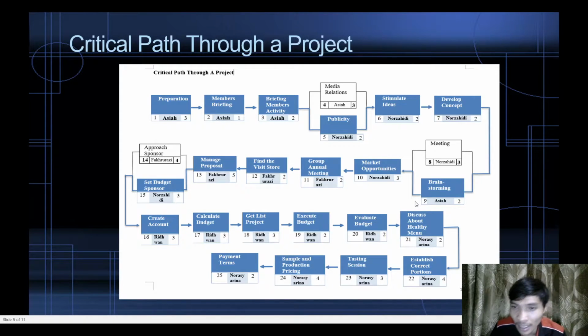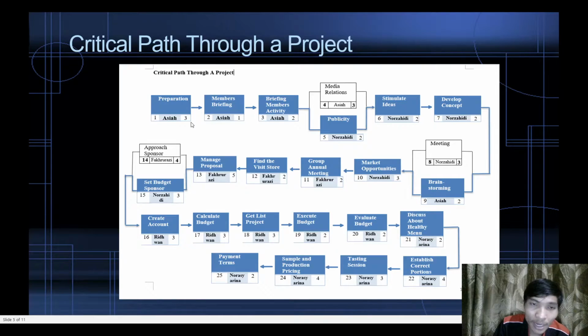Same for Asia on activity 9, it takes 2 days to complete and it will be chosen on the critical path through a project. And lastly, for the sponsor set budget sponsor activity 15, it takes 3 days, better than approach sponsor, which takes 4 days.